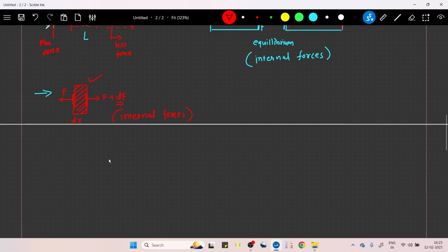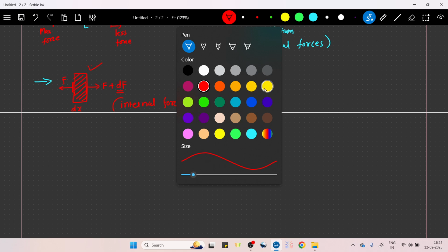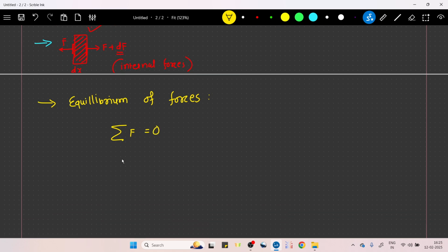Okay, so with this we will write the equilibrium of forces using solid mechanics. Sigma F is equal to 0. So internal forces plus external forces are equal to 0. They are in equilibrium for this section.